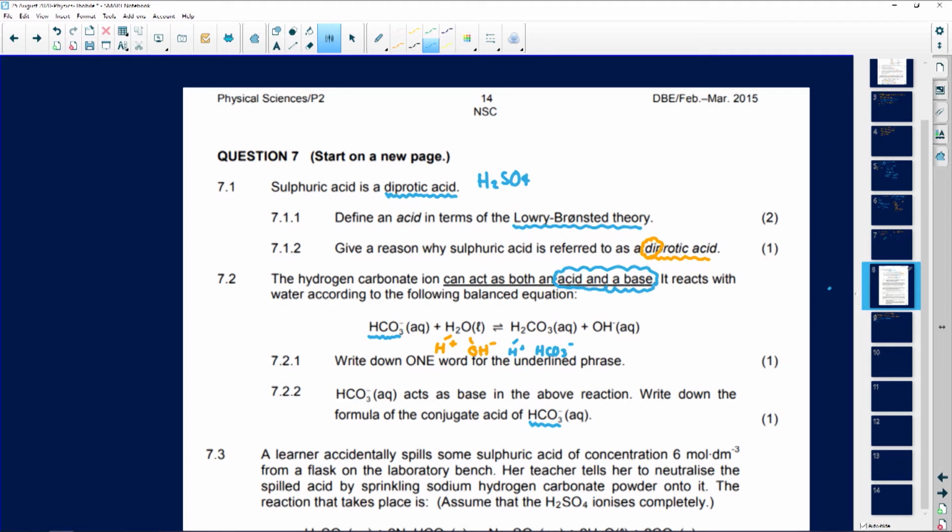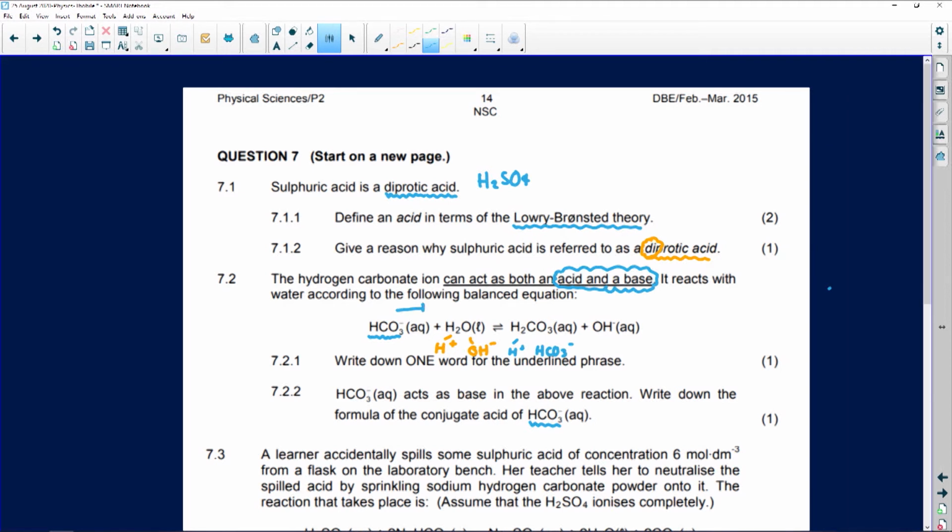Remember, every time we're doing conjugate acid-base pairs, you must first read it forward and see which one accepted and which one donated. Whatever donates an H plus is an acid, the one that receives is a base. And then again, you do the same going in this direction. This one will accept an H from this one. Anything that accepts is a base. Anything that donates is then the acid.